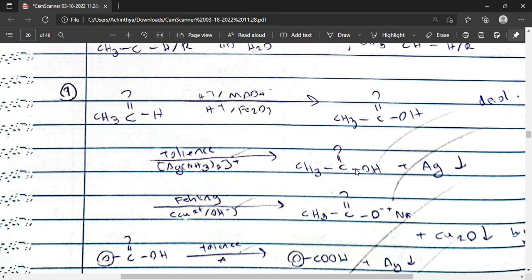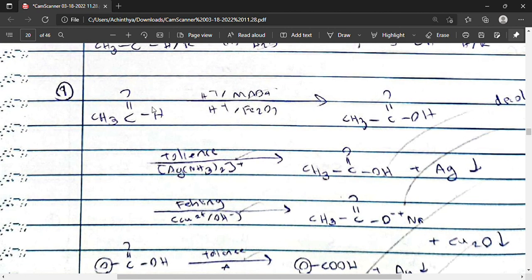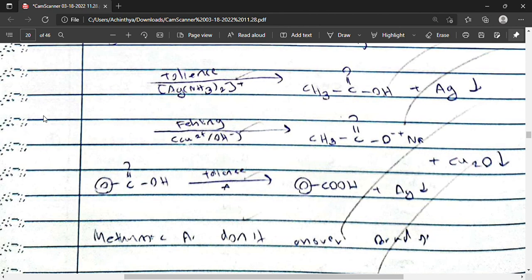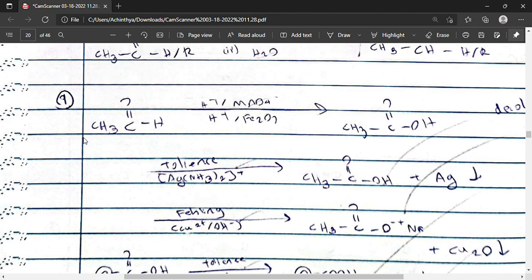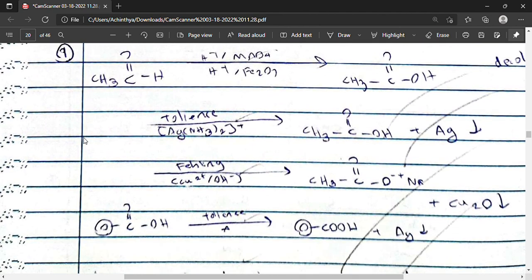Or if we were to have a hydroxyl group and an aldehyde group in the same compound, both of them can be oxidized into higher oxidation states. However, if we were to add Tollens reagent, it will only oxidize the aldehyde group, while the hydroxyl group will not be oxidized at all, which is quite a neat thing. It's something I learned from something I noticed while doing conversions.